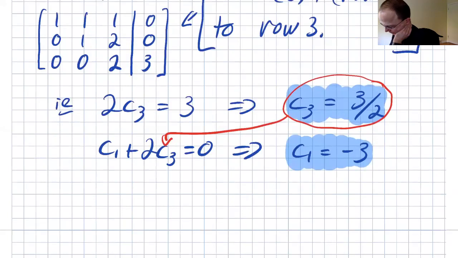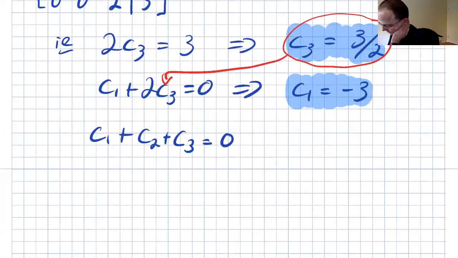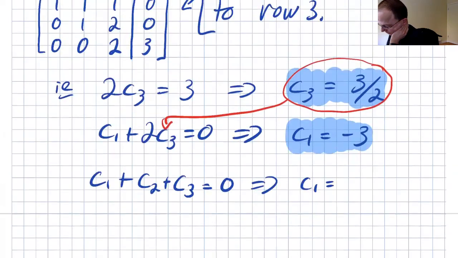And then what's the first equation? First equation involves C1, C2, and C3. And we can, again, do the substitution. So maybe I won't go through all the steps, but we get C1 is equal to, oh, whoops, I made a mistake.